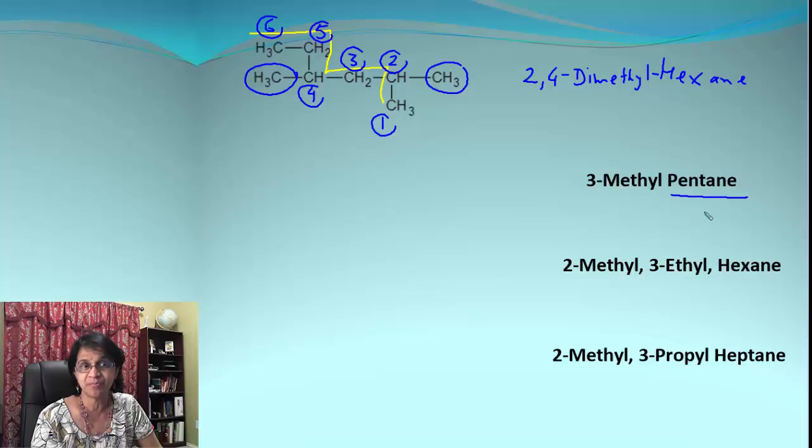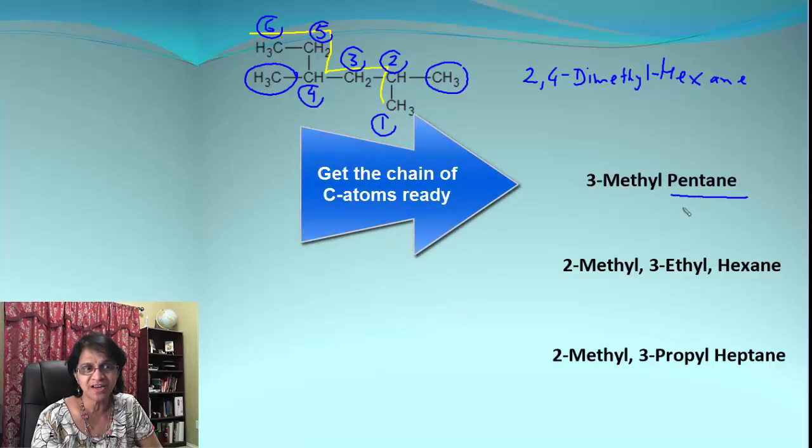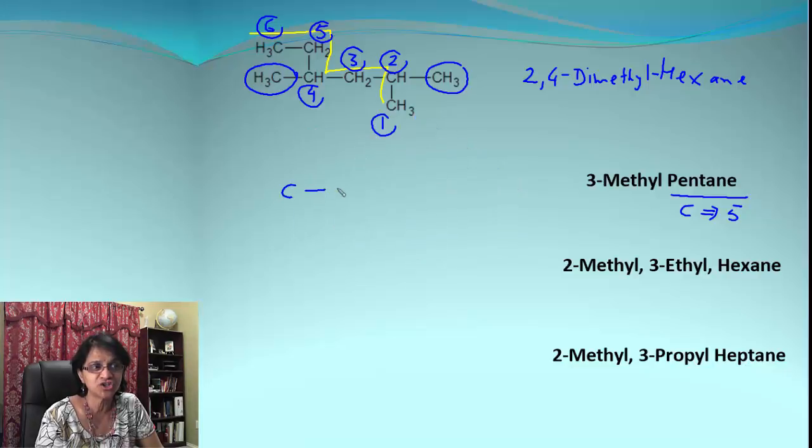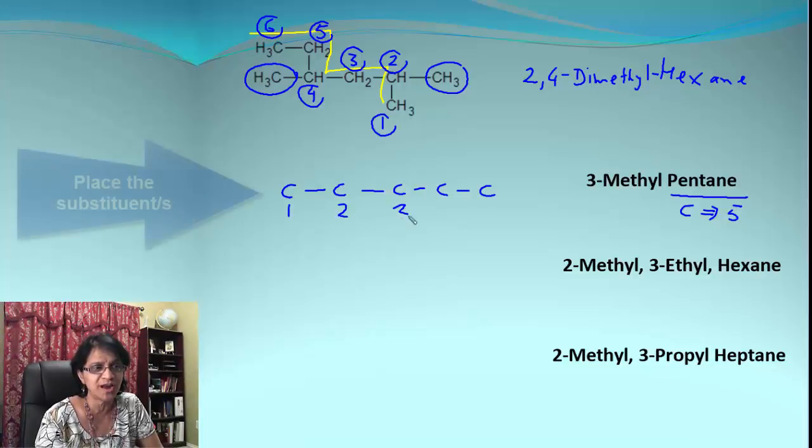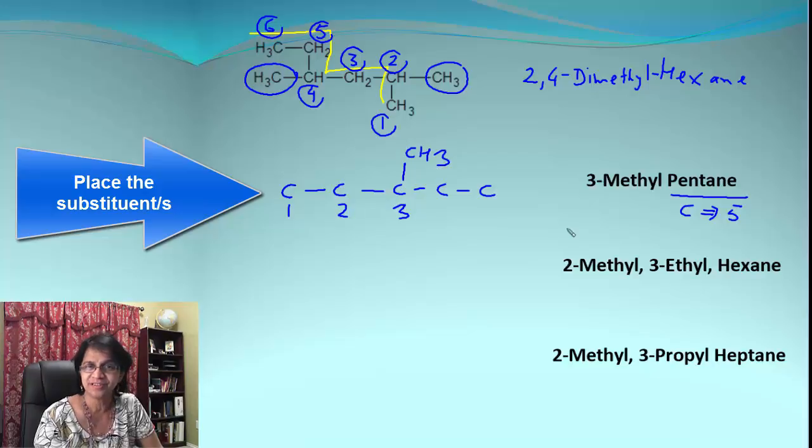This is 3-methyl pentane. Penta stands for 5. That means we should have a chain of carbon atoms which is equal to 5. At position number 3, we have a methyl group. So if I number it 1, 2 and 3, at 3, we should have a methyl group.